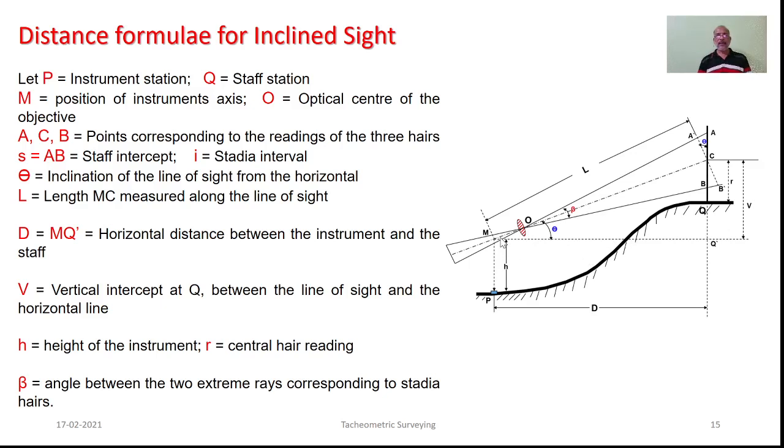H is the height of the equipment, whereas R is the central hair reading. Here beta is the angle between the two extreme rays corresponding to stadia S.